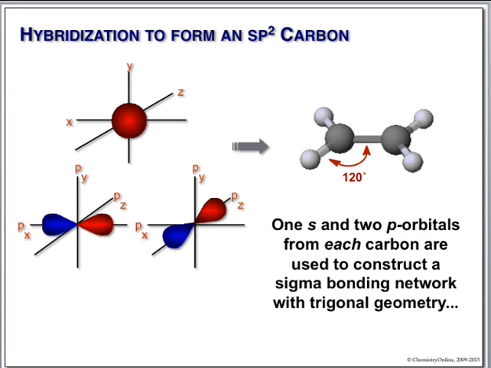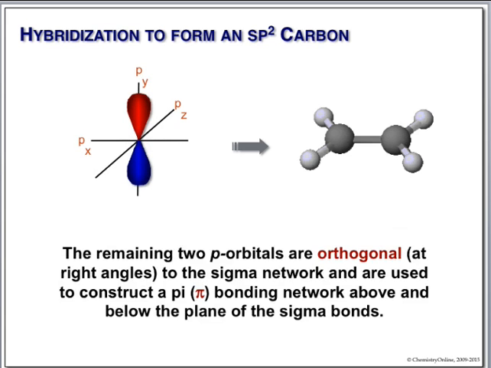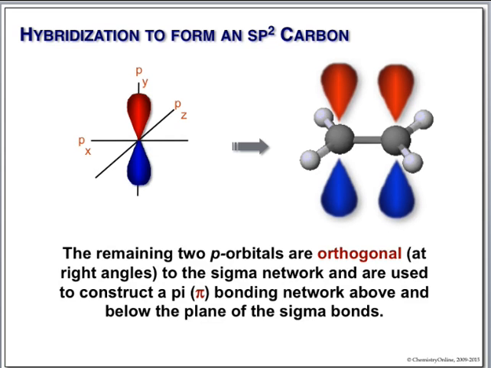Now, on each of these carbons, we've used an S and 2 P's, but we have a P left over, don't we? So, if you put these p orbitals in, there's 1 on each one, and it'll look like that.